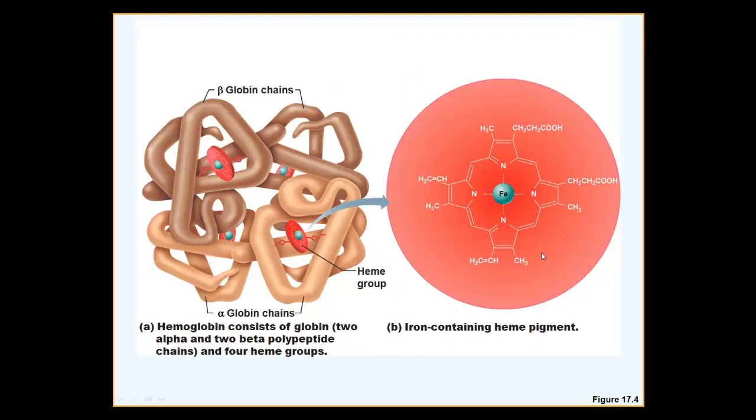If we take a closer look at the heme groups here, we will see that it has a center of iron, and then it has this very convoluted structure, and that's where you bind the oxygen at the center of the heme group. And because of this, you change the color of the heme from dark red to bright red. Okay.